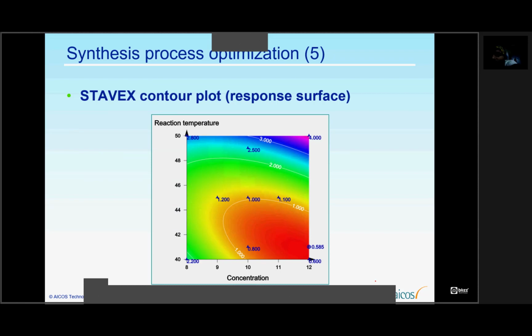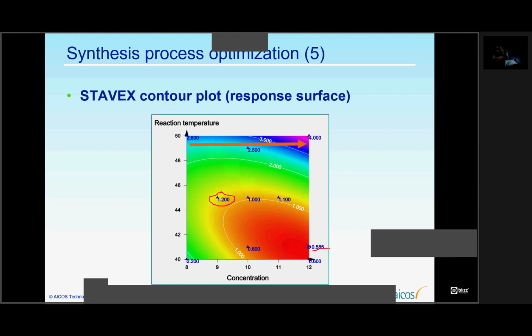So after all, you get a contour plot like that for these important factors. The blue points are the points where the experiments were made with the experimental result obtained. And the colors correspond to the quality deviation, and the best point is actually this one here at 0.59. What you can see in this plot as well are the interactions.